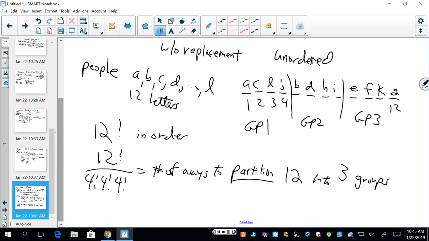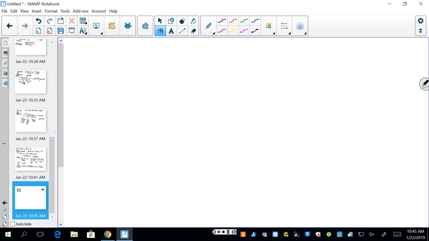Does that seem to work? Yes? So what if you just choose 4 people as a group at first and then decide the second group? Can you choose 4 out of 12 and then choose 4 out of 8, and get the same answer? Let's think.